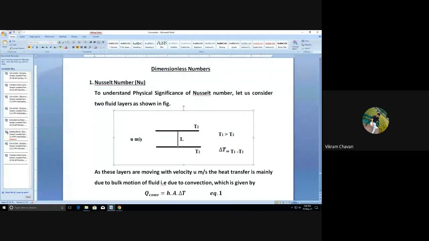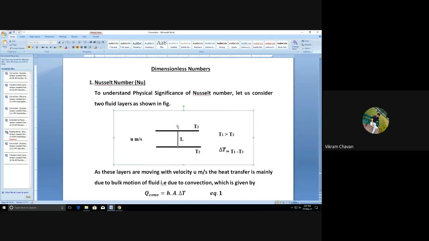Now when the layers are moving and the heat is transferring from the first layer to the second layer, that heat transfer we need to consider as convection heat transfer. So we have to apply Newton's law of cooling for the convection heat transfer.